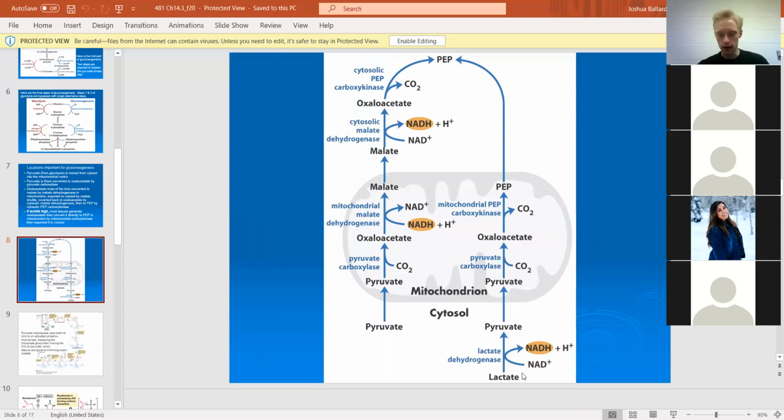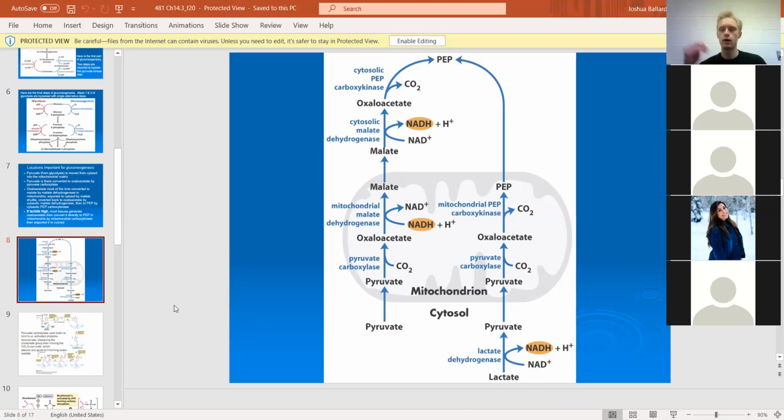Now, when lactate's high, when we have a lot of lactic acid and want to get rid of it, a way our body does this is by converting lactate back to pyruvate.